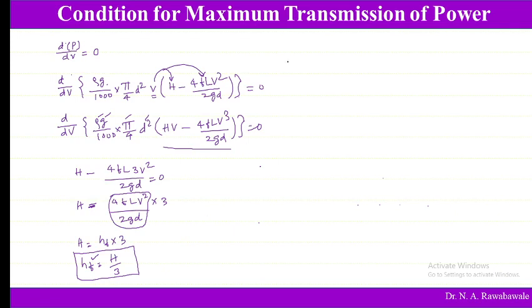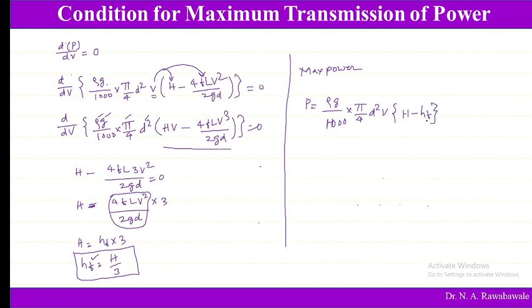Therefore, the maximum power which we can transfer is P equal to ρg divided by 1000 into π/4 d² v in bracket (h − hf).